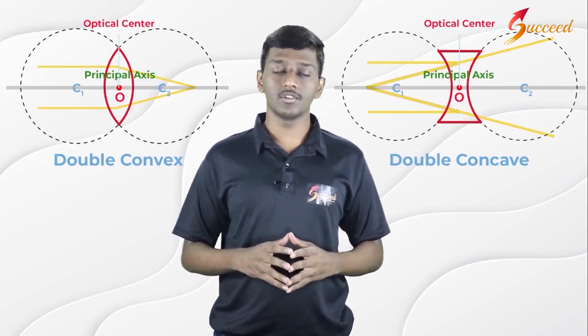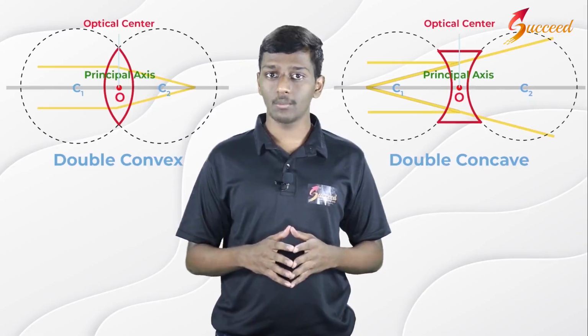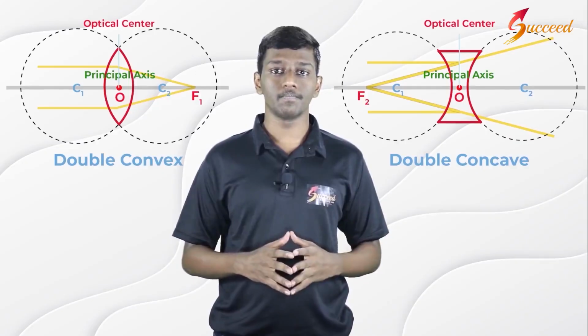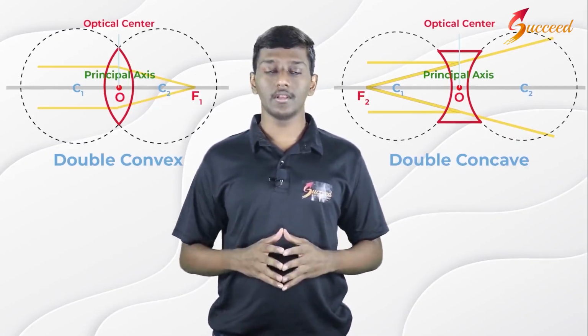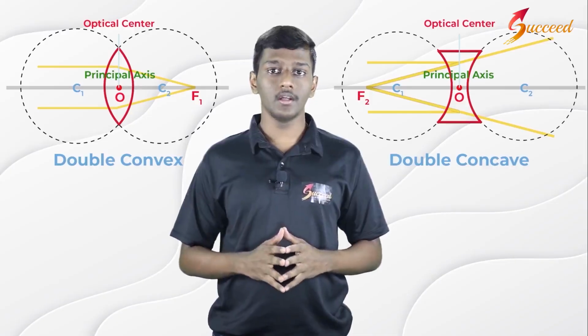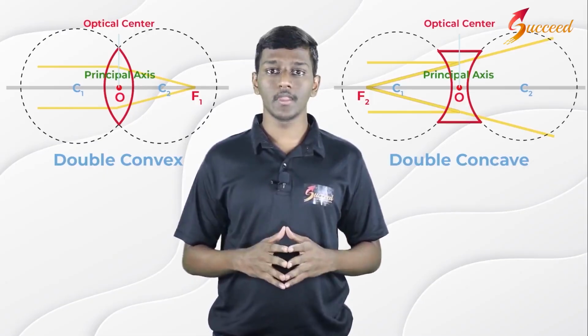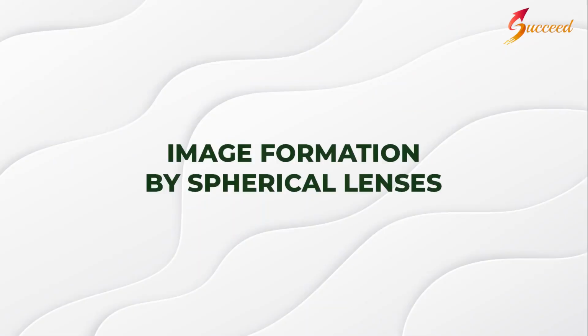Since there are two principal foci, we represent them by capital F1 and capital F2. The distance between the optic center and the focal point is called the focal length. It is represented by small f.